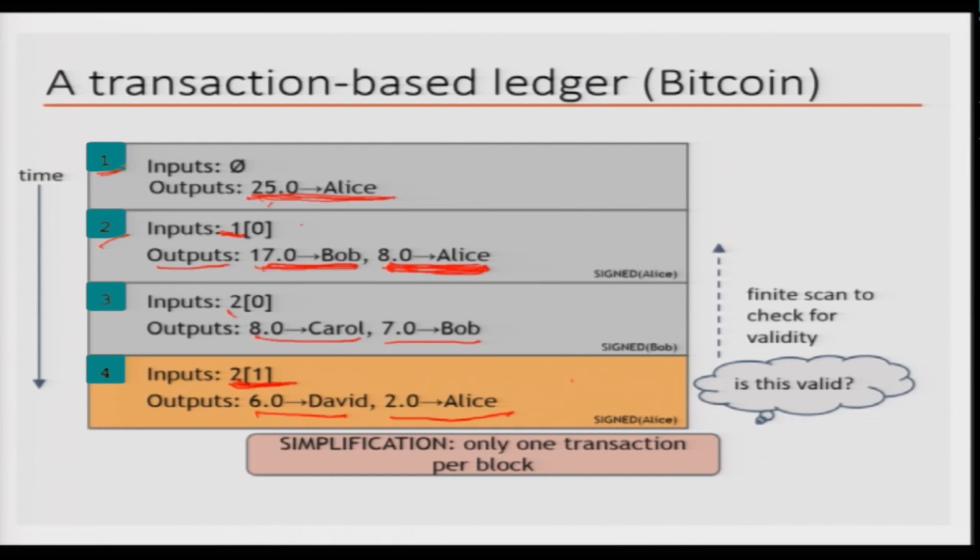So we do not have to go all the way back through all the transactions. We also have to check whether Alice has used transaction 2 indexed 1 anywhere between this transaction and this transaction. So we have to check only a fraction of the transactions and not all the transactions all the way up to the Genesis transaction.